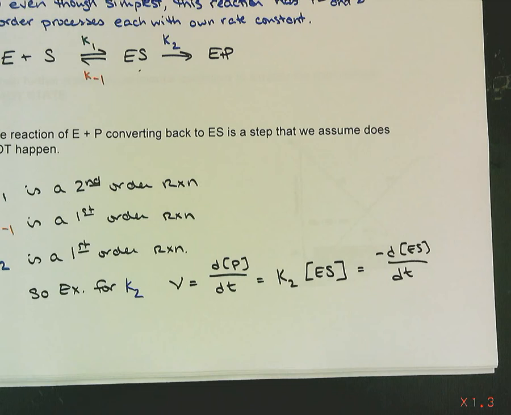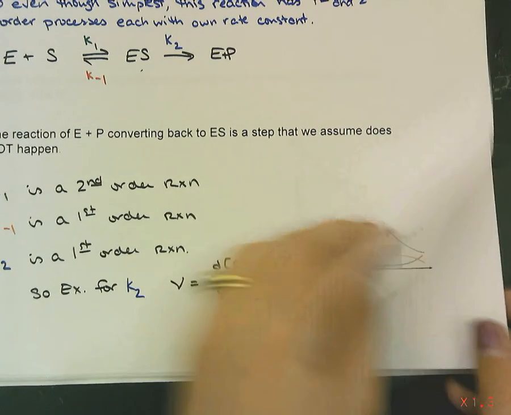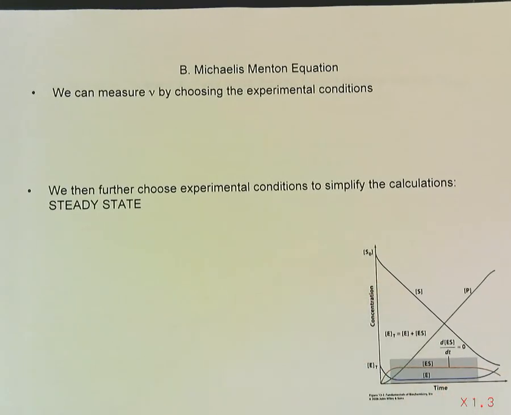So we're going to make some specific experimental conditions to try and help us out in this. So we can measure the reaction velocity by choosing specific reaction conditions that help us simplify our calculations.